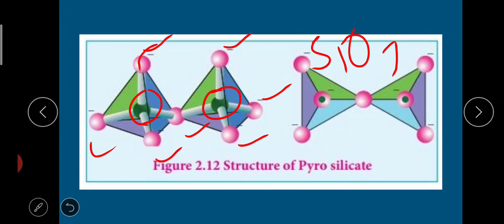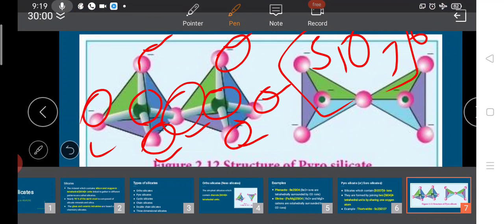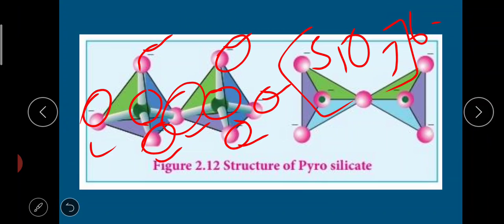You can see 1 negative charge, 2, 3, 4, 5, 6. So it is 6 minus. And this oxygen doesn't carry any negative charge because it is shared in between. Is it clear? That is why Si2O7 6 minus, and they are formed by joining two tetrahedron units.